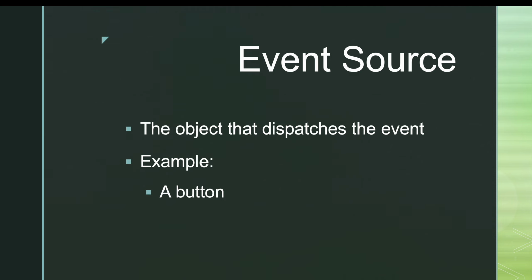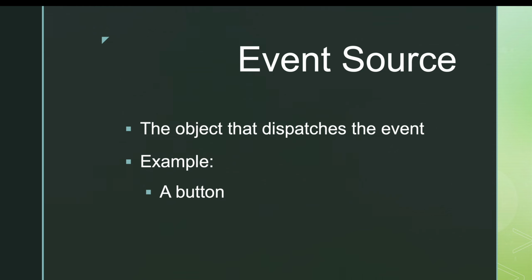So if we have no object to place, it will be hard for the program to provide a particular interface for the event to happen. If there is no event source, there will be no event that will happen.